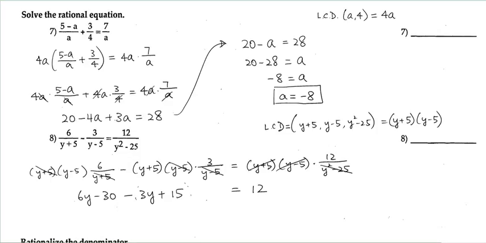Now that is a very, very common mistake, very easy to make. Remember, if over here this is a minus, be extremely careful. Don't just distribute the 3 and then everything stays the same. You have to change sign.